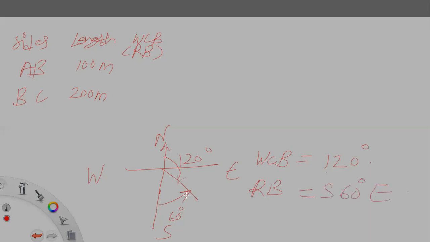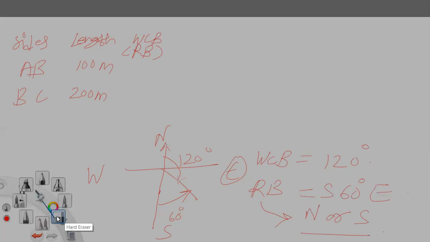You are going from south towards the east, right? This is your east. So, south 60 degrees east. Remember always that your reduced bearing will always be measured either from north or from south, towards either the east or the west. So this is in short about the whole circle bearing as well as the reduced bearing.